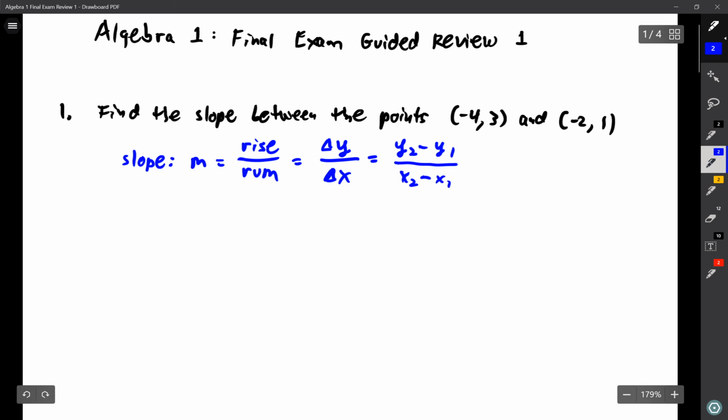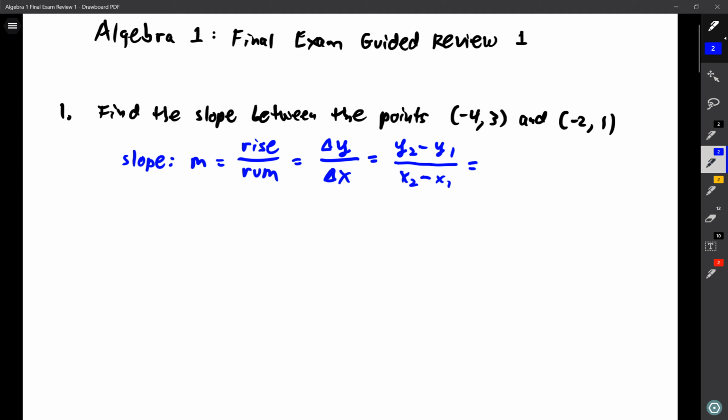In other words, our second y value minus our first y value over our second x value minus our first x value. And you could do first minus second over first minus second, as long as you do first minus second on top and bottom. Here we have second minus first on top and bottom. So let's go ahead and do it as second minus first.